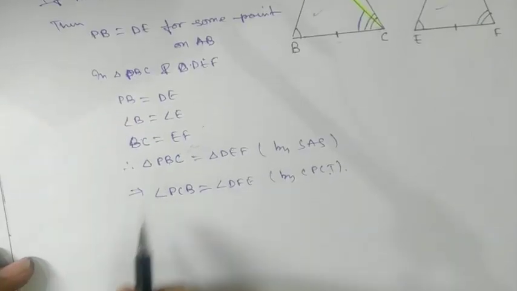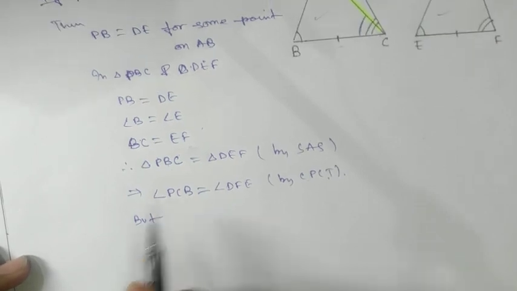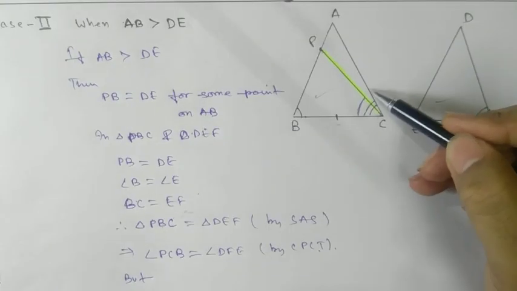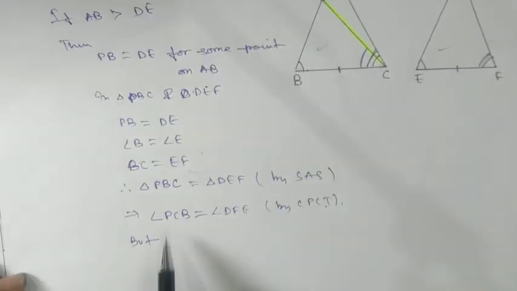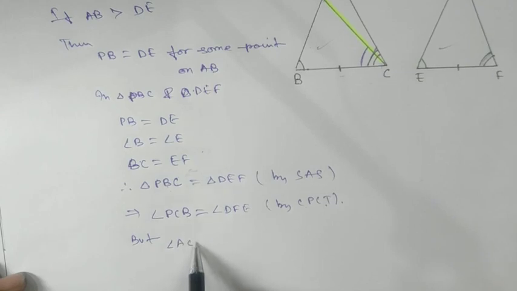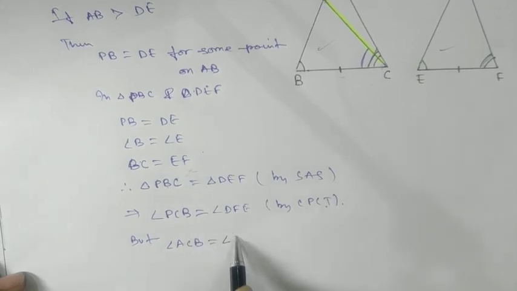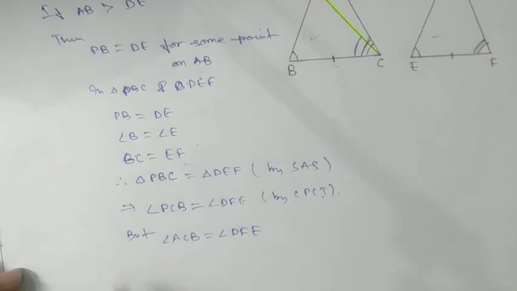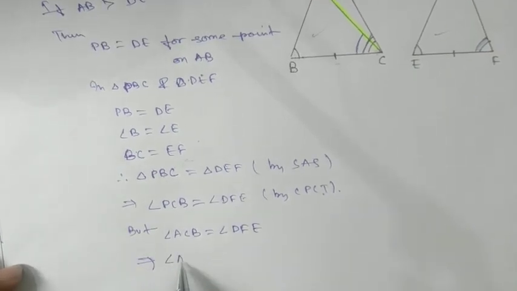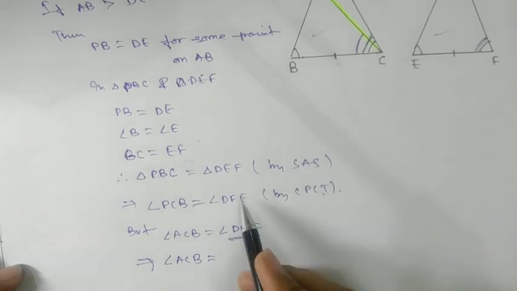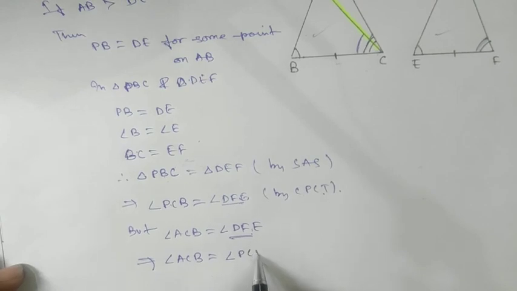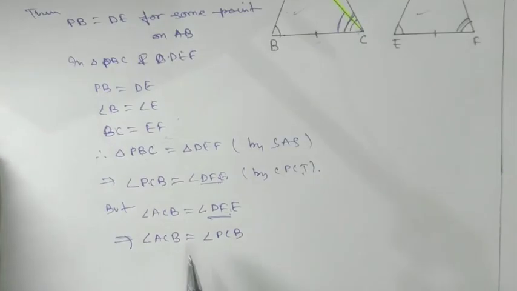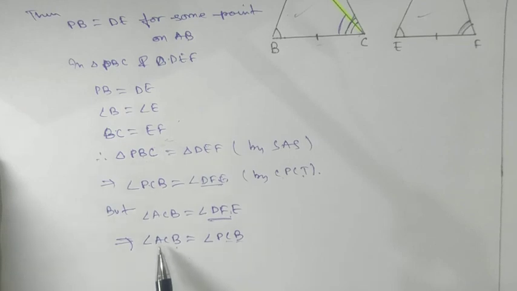But it is given in the question that angle C must equal angle F. It is given that angle ACB equals angle DFE. This implies angle ACB must equal angle PCB. How could it be possible? See here, B matches, C matches, and A is not matching. It's not possible.